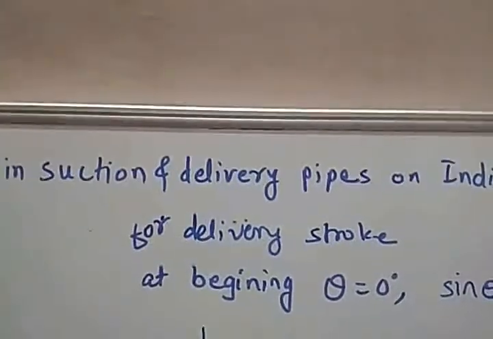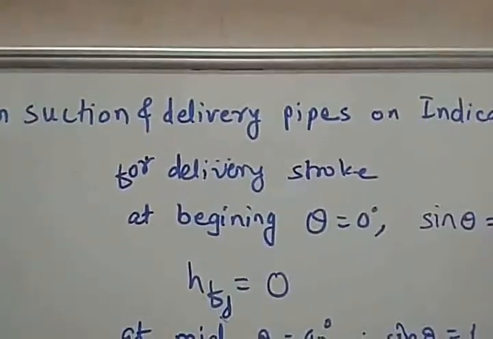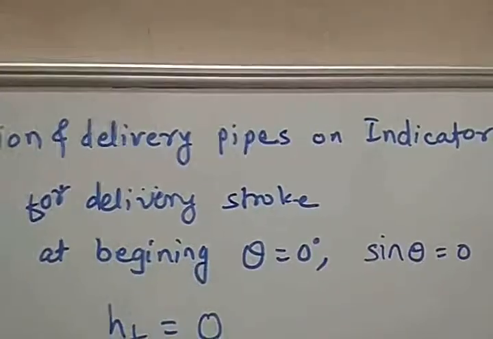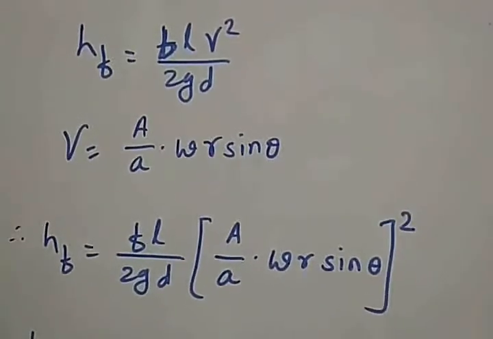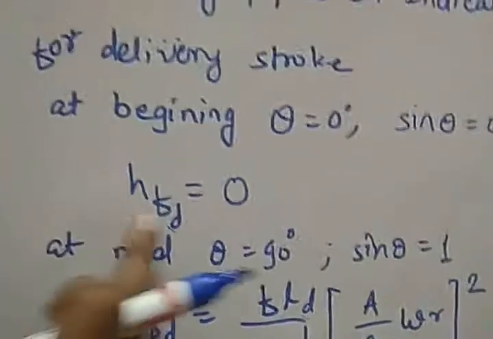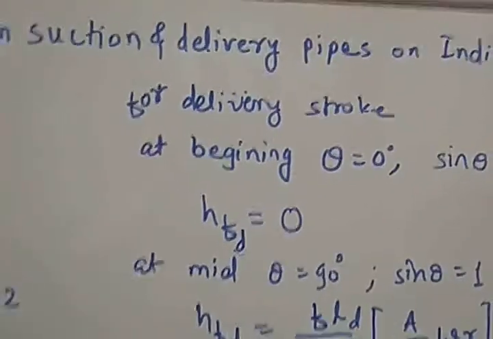So for the delivery stroke, now we will find the frictional head. At the beginning when theta is equal to 0, again sin theta is equal to 0. So if I put that in this equation, I'll get HF as 0 for the delivery stroke at the beginning. For the delivery I'll use the suffix D, so HFD will be 0 at the beginning.